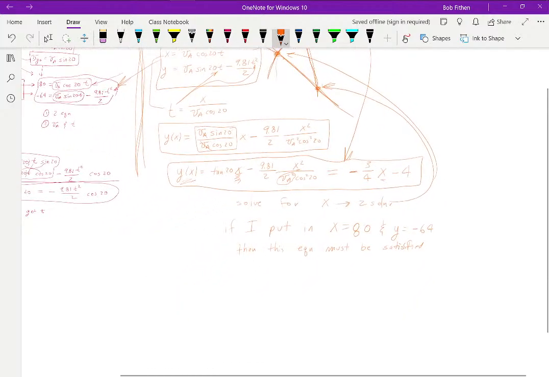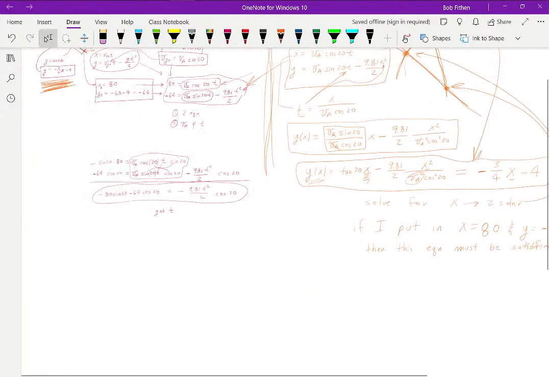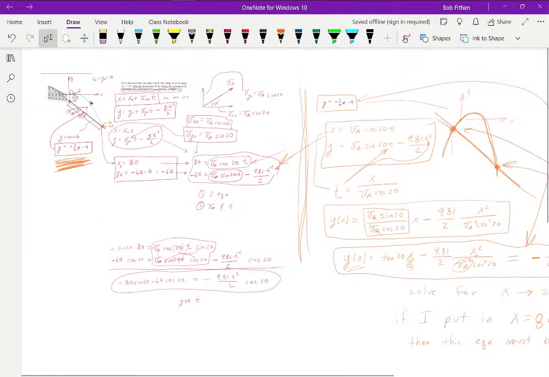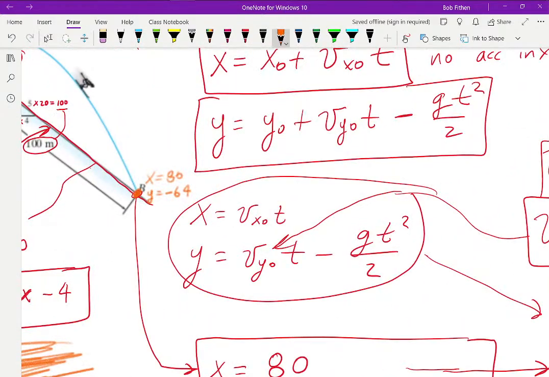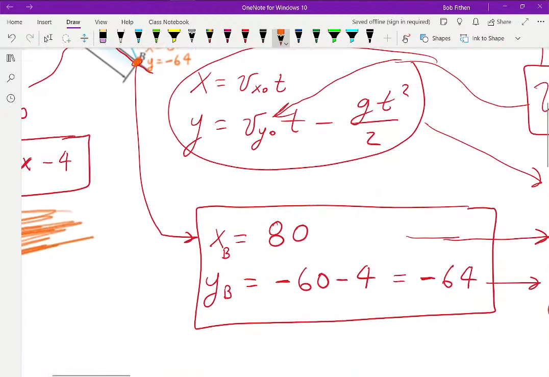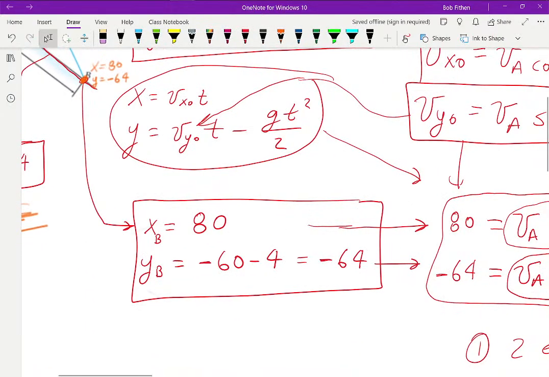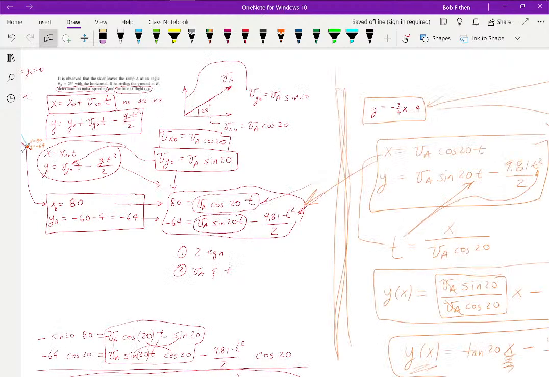So you actually have two approaches, one significantly easier because all you're doing is identifying the point here, and you're going in, you're taking the equations, and you're saying, hey, these equations must satisfy this.